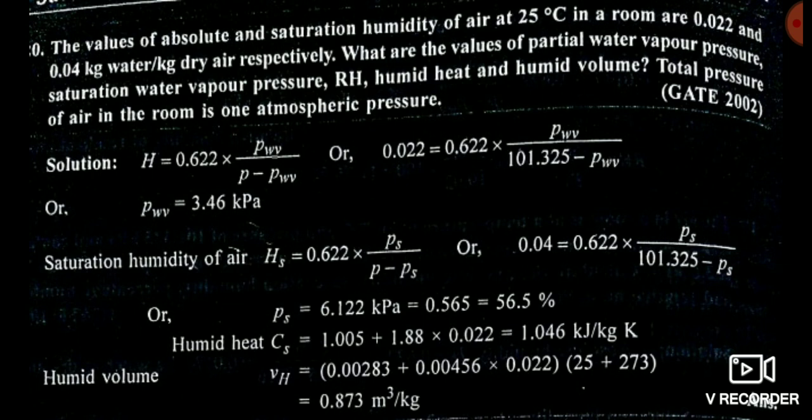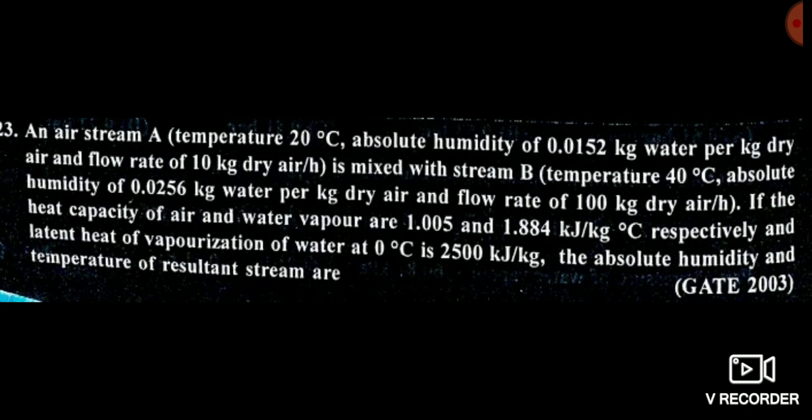I think the humid volume formula also I have told in the previous question. Also we have calculated the humid volume, that is 0.00283 plus 0.00456 into H into temperature in Kelvin. So here 25 degrees centigrade, so add 273, you will get the answer, that is 0.873 meter cube per kg. Now friends, you see another question.